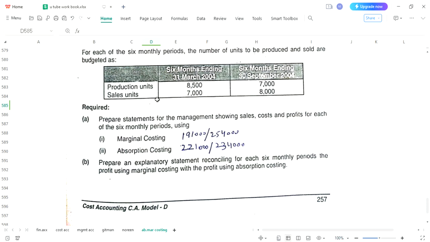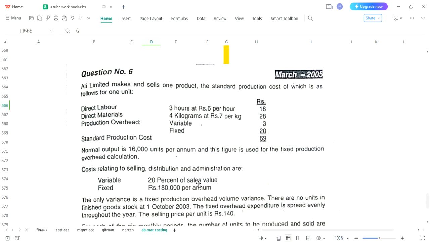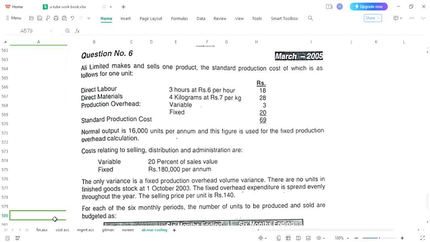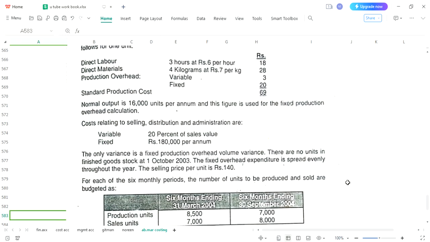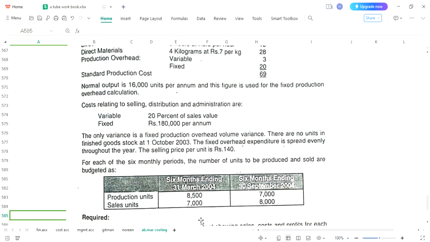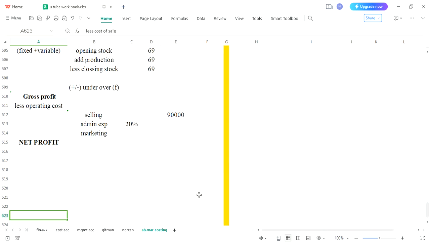Let's go back. And what is next after this 140? They are saying for each 6 months, this is your detail. Our first period is what we are related with, and we will follow these numbers. Produced units are 8500, so here produced units would be mentioned as 8500.